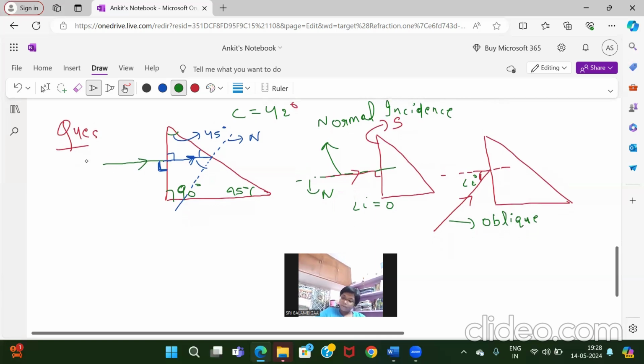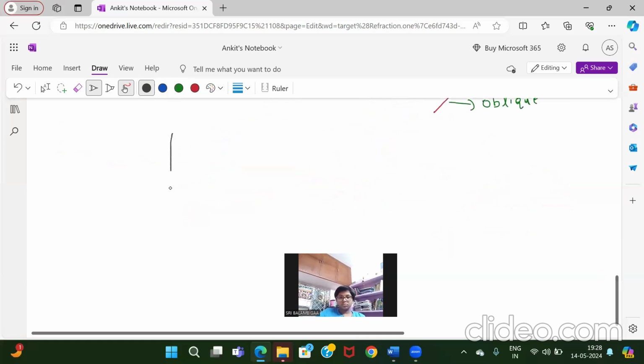Now this is normal incidence. If light is striking like this on a surface, any material, glass slab, at normal incidence, there is no refraction, it will go straight.